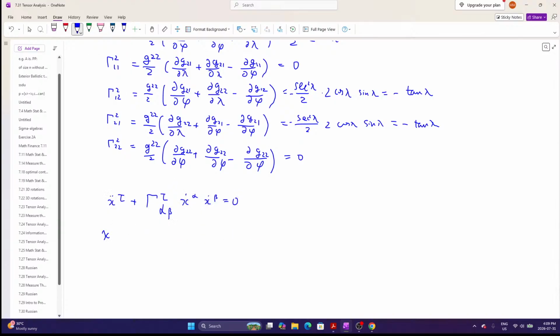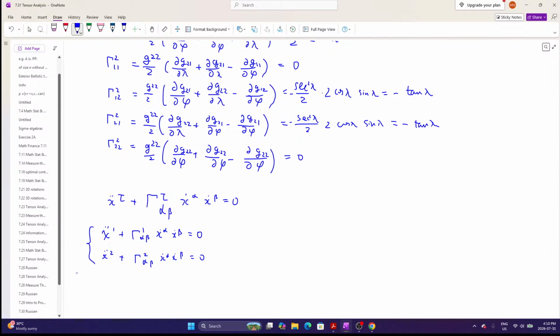We'll convert back to the original coordinate names later. So you got x1 double dot plus gamma 1 alpha beta x dot alpha x dot beta equals 0. And the second equation would be x double dot 2 plus big gamma 2 alpha beta x dot alpha x dot beta equals 0.